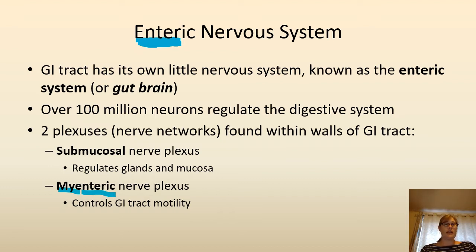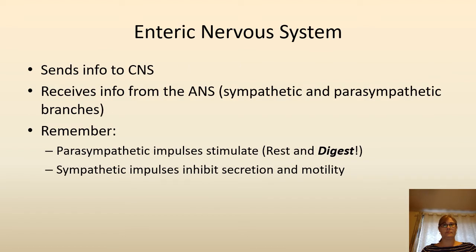This nerve plexus, the myenteric nerve plexus, is going to be the one responsible for controlling how fast or slow food goes through your digestive system. This enteric nervous system is going to send information to the brain, and it's also going to receive information from the autonomic nervous system.